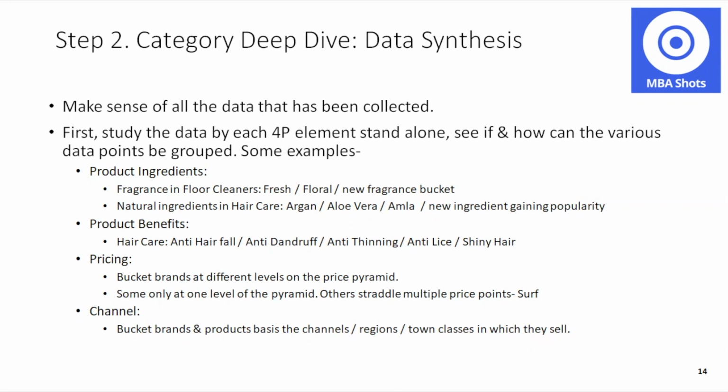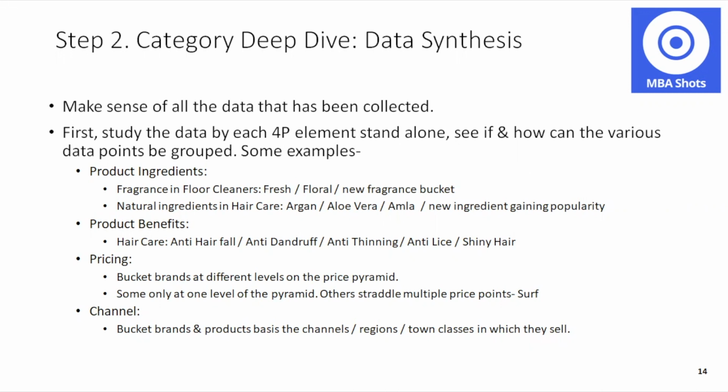So fresh and floral obviously are huge buckets in this category. Fresh being lemon, the citrus flavors, fragrances, apologies, and then floral, rose, jasmine, mogra, etc. So can you club the different products out there basis these two buckets as far as fragrance is concerned, or is there a new fragrance bucket out there which is gaining popularity?